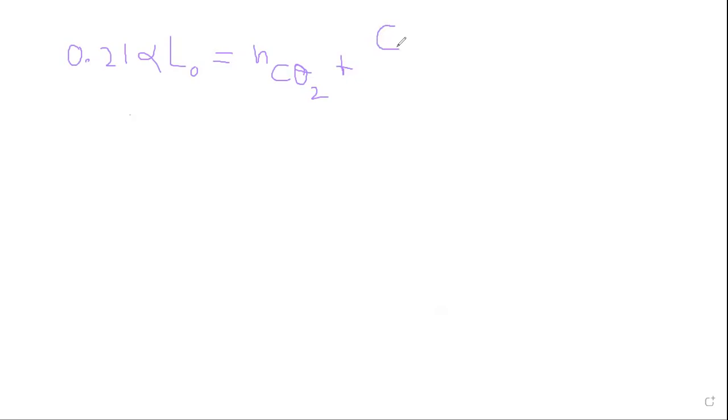Since it is NCO over 2, C over 12 will become C over 24 minus NCO2 over 2, because NCO is C over 12 minus NCO2. So this is the replacement of NCO divided by 2.